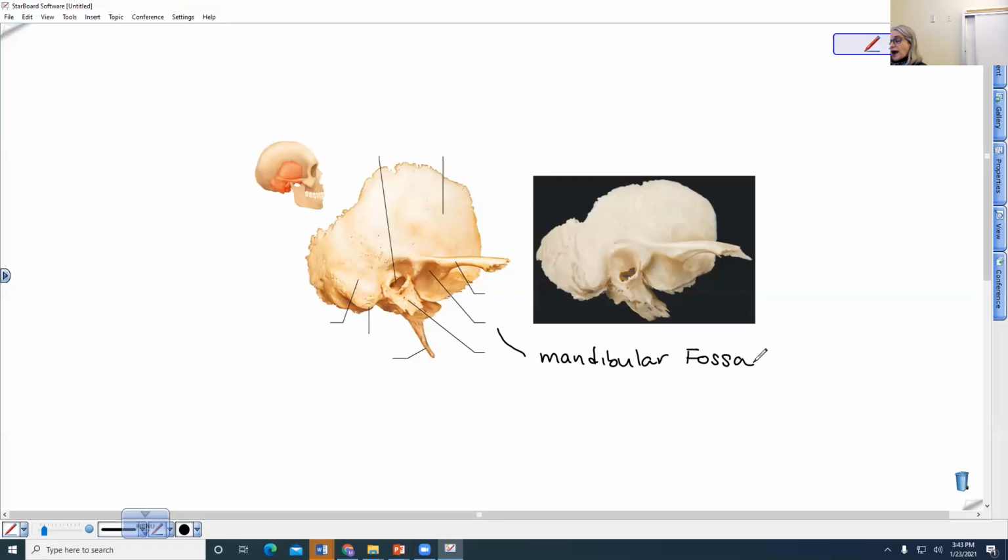And so this is where the condylar process, condylar meaning kind of a round structure, of the mandible articulates.